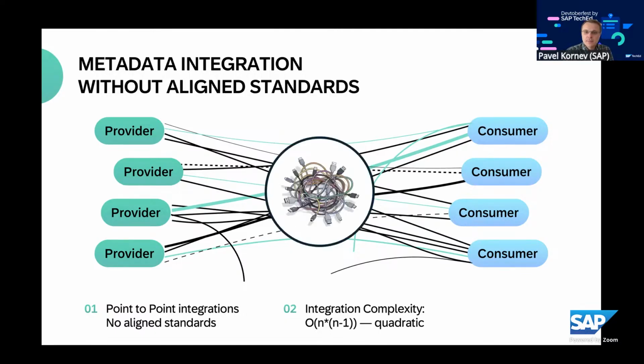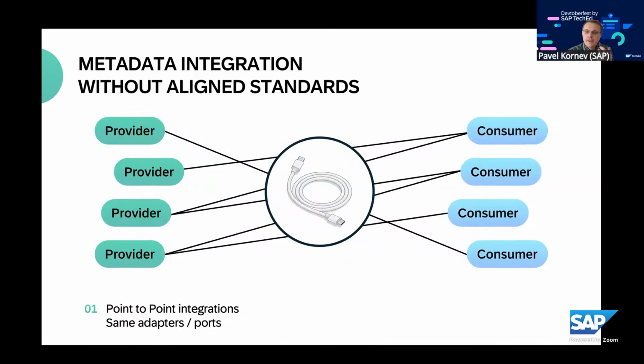So this reminds me of the problem we had with cables for our devices. I still have a box with those cables in my basement, for the different phones I had in the past, right? And these days, we think about how we can simplify this problem. If we have an aligned standard like USB-C, the complexity goes down already.